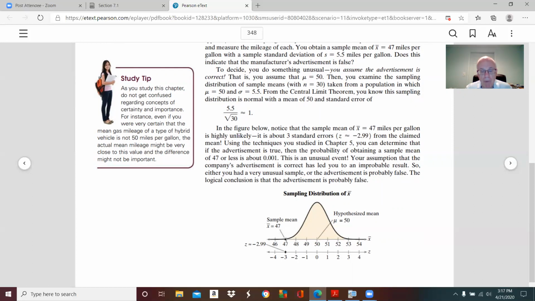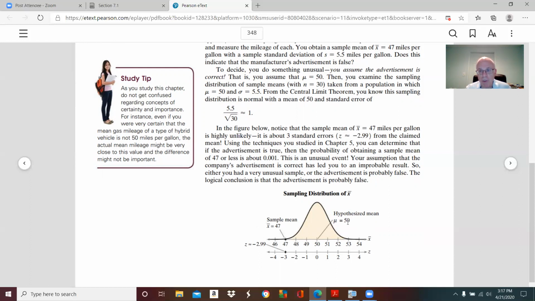So typically, in many cases, there's a difference between the sample mean and the mean of the population. So anytime we do research and we make a claim about a population mean or a proportion, we're going to call that the hypothesized mean if it's a mean, or a hypothesized proportion if it's a proportion.